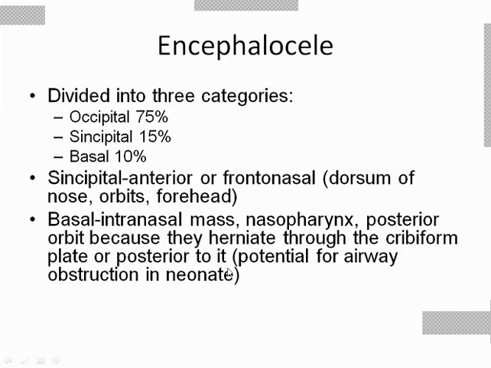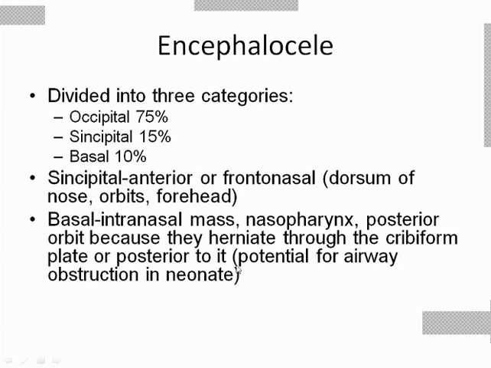If they herniate through a defect in the cribriform plate, they present in the nasal cavity. If they go posterior, they may go into the nasopharynx and potentially cause nasal obstruction and airway obstruction in neonates.